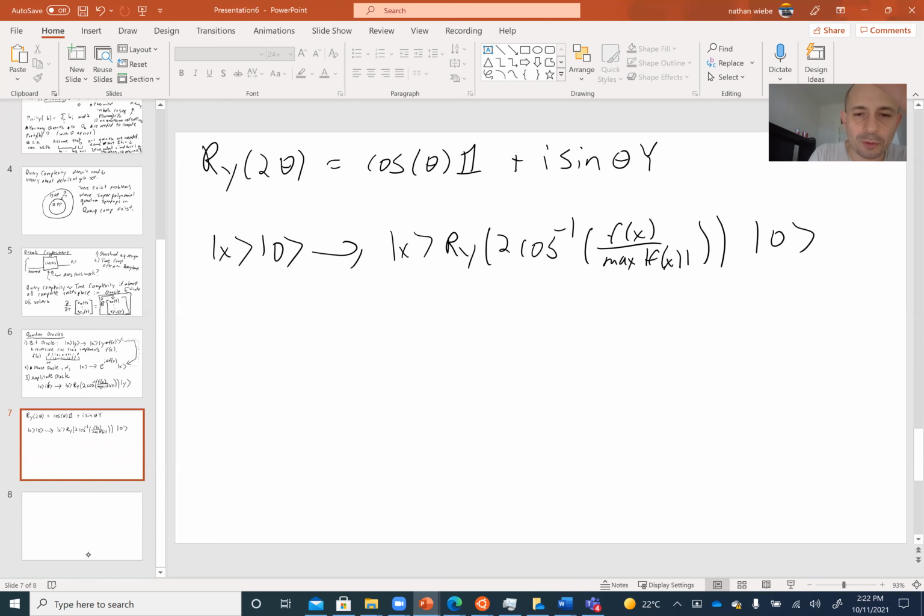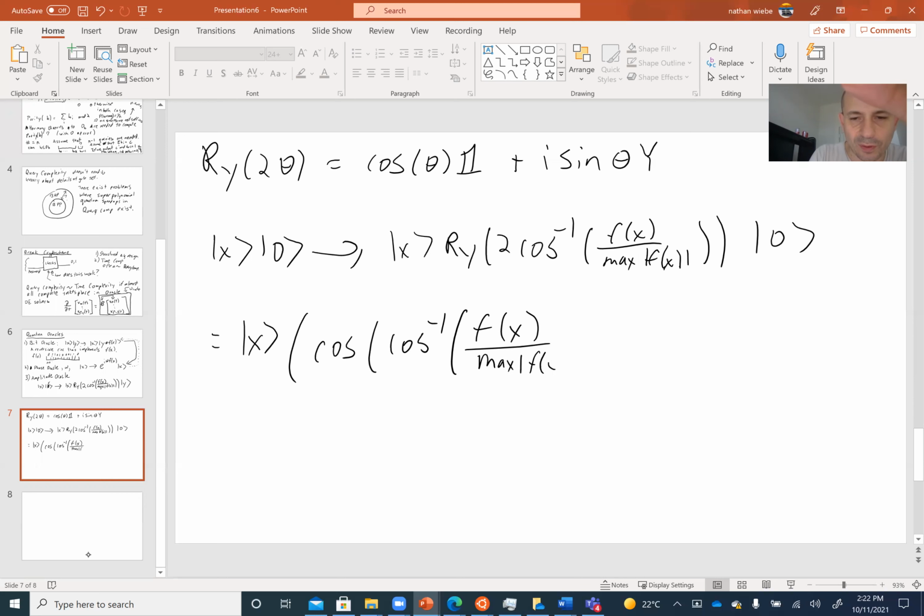When we go through, this is equal to x times cosine of arc cosine of f of x over the maximum value of the absolute value of f of x, 0, plus sine of arc cosine of the same quantity, 1.